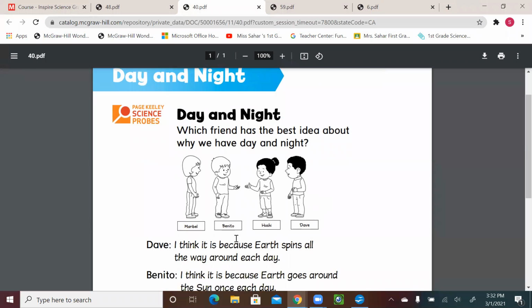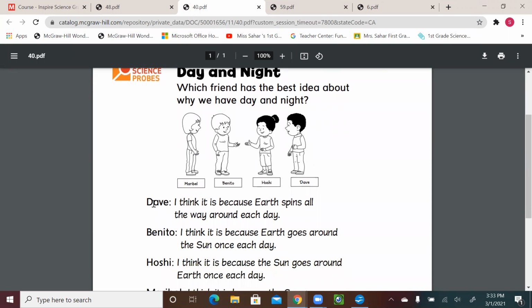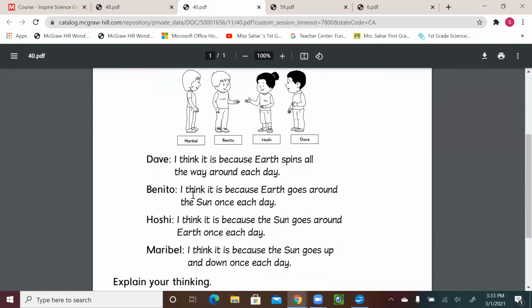So we have 4 friends and each of them has an idea and one of them we should agree with. Dave said, I think it's because Earth spins all the way around each day. So Dave thinks that we have day and night because the Earth spins all the way around each day. Binyoto said, I think it's because Earth goes around the sun once each day.